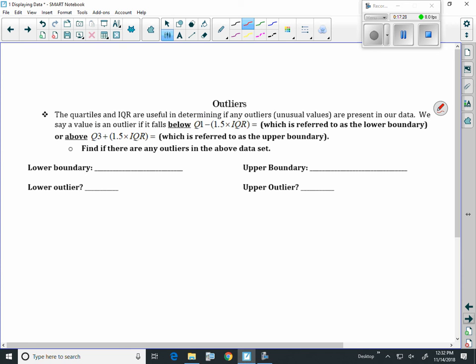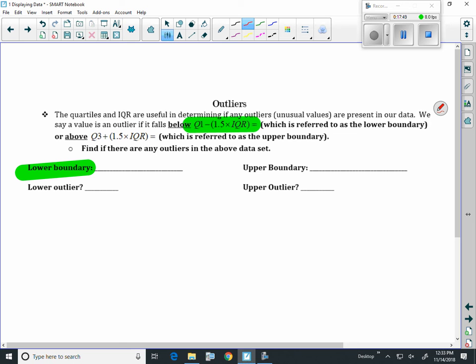Right here it says the lower boundary. It's quartile 1 minus 1.5 times the interquartile range. So let's do that.